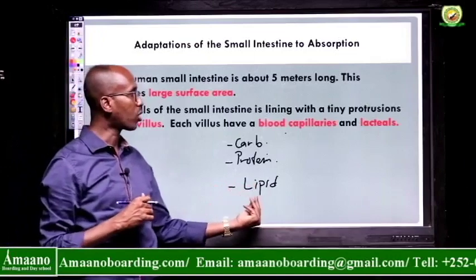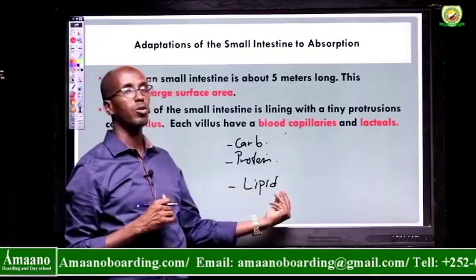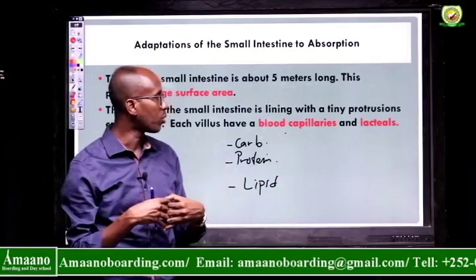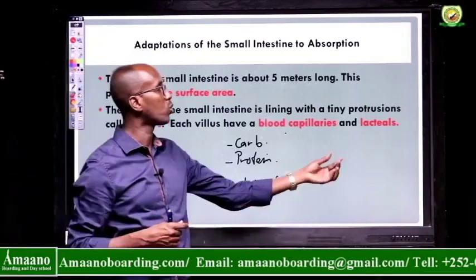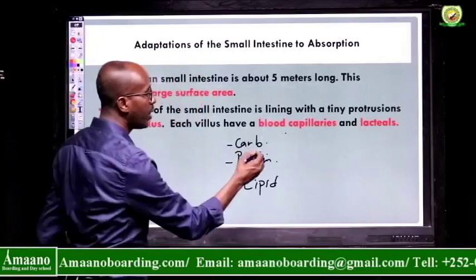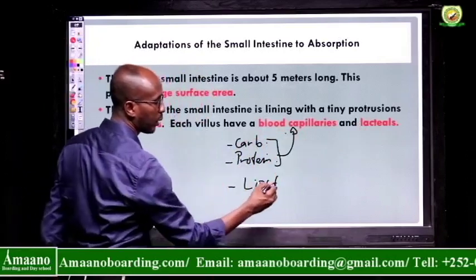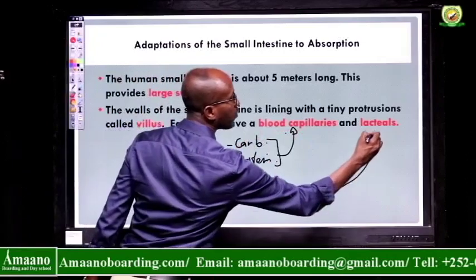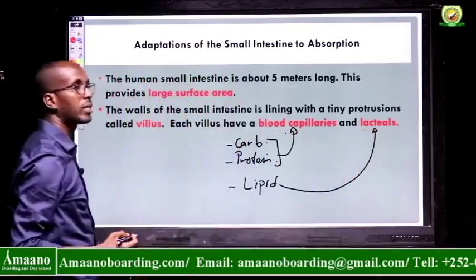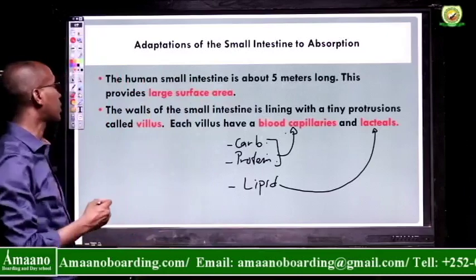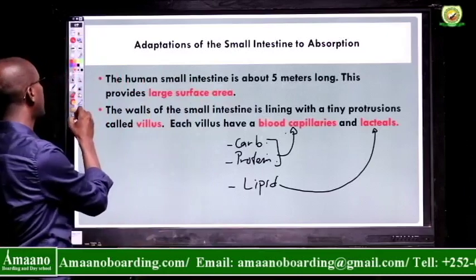The final product of lipids is hydrophobic, which means it cannot be dissolved in water, so it is absorbed by the lacteals. So the end products of carbohydrates and proteins are absorbed by the blood capillaries, and the end products of lipids are absorbed by the lacteals, which are the smallest units of the lymphatic system.